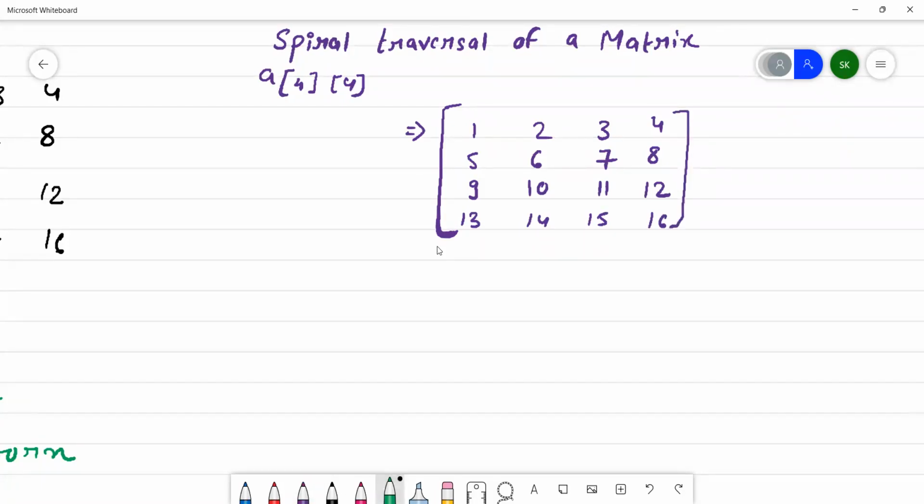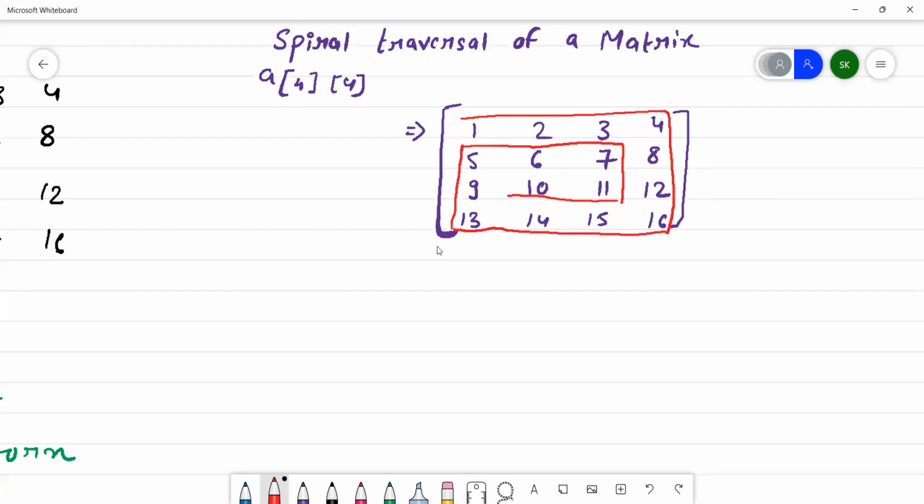Spiral traversal indicates that you are traversing the matrix in this form. You traverse this particular row first, then the last column, then the last row, then the first column, then the second row, then the second column, and then I guess it is finished. So here it will finish off.